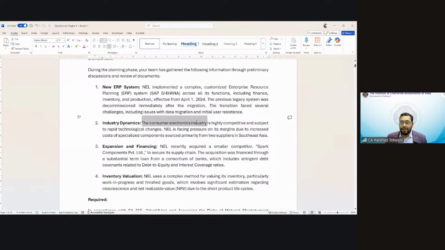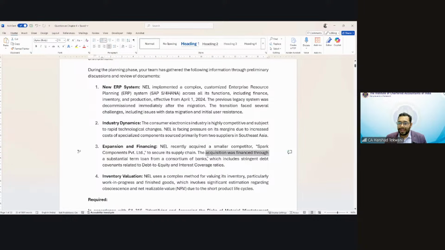Second, the consumer electronics industry is highly competitive and subject to rapid technological change. NEL is facing pressure on margins due to increased cost of specialized components sourced primarily from two suppliers in Southeast Asia. Third, NEL recently acquired a smaller competitor, Sparks Component Private Limited, to secure its supply chain.